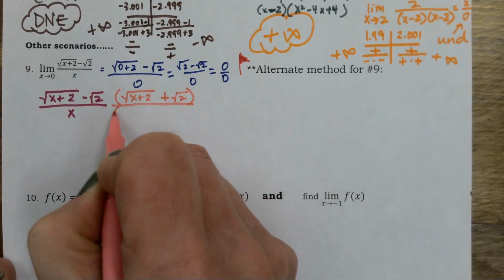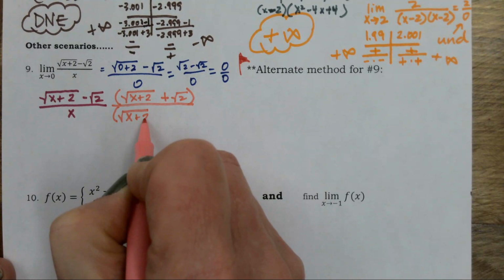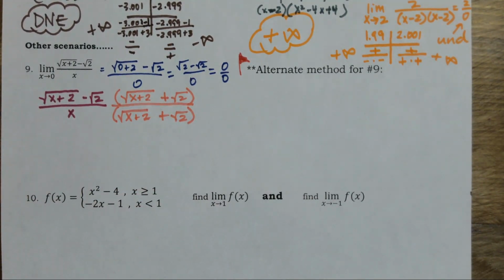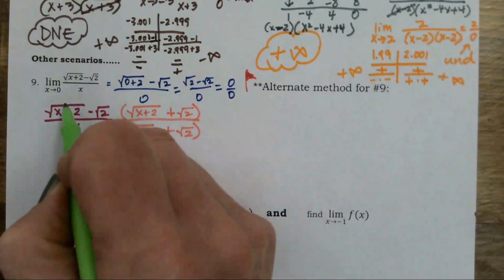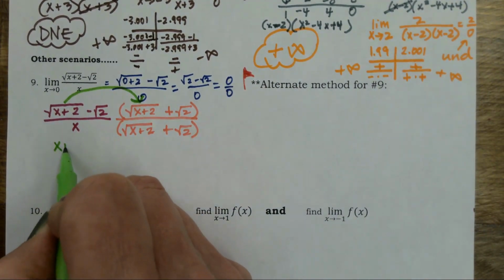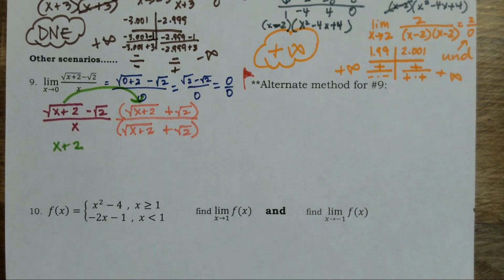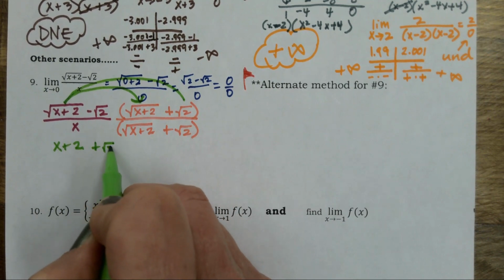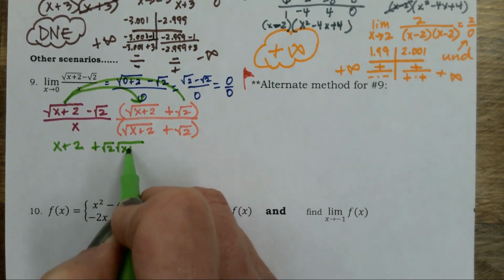And on the bottom I'll do the same thing. On the top, when I multiply that through, multiplying a radical by itself drops the radical. Then I multiply it by this other thing, and that's plus the square root of 2 times the square root of x plus 2.